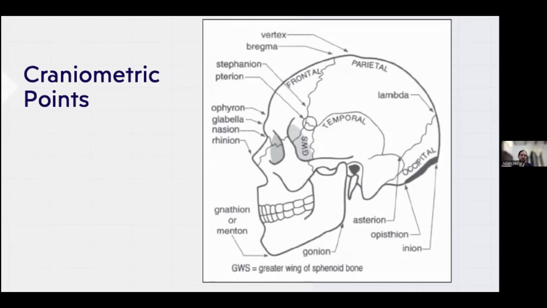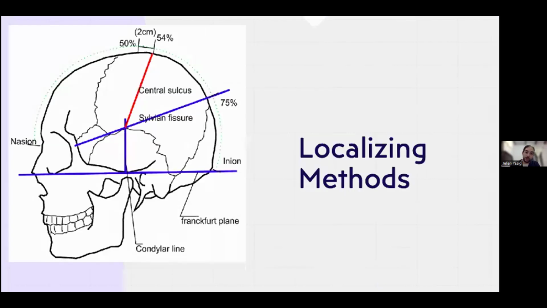Right, this will essentially separate the precentral gyrus or the motor cortex anteriorly, and the postcentral gyrus or the sensory cortex posteriorly, with the Sylvian fissure originating near the pterion, which then marks the boundary between the temporal lobe and the frontoparietal lobes, and serves as the key corridor for a number of microsurgical approaches, right? So with these in mind, we have to eventually discuss not just the craniometric points, but their relevance to all of this through various localizing methods, right?